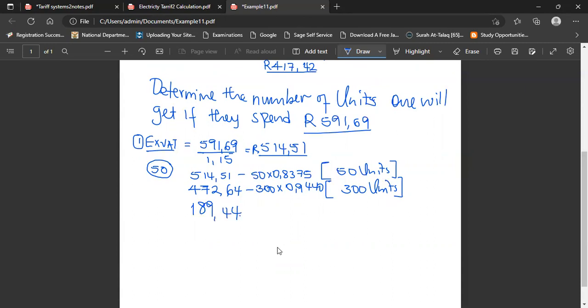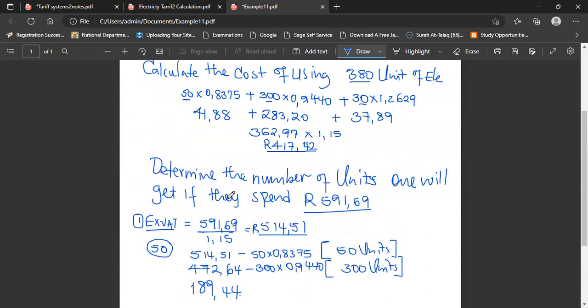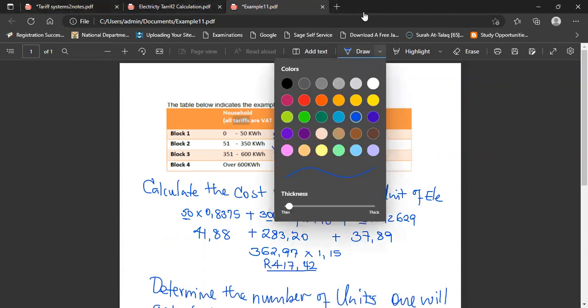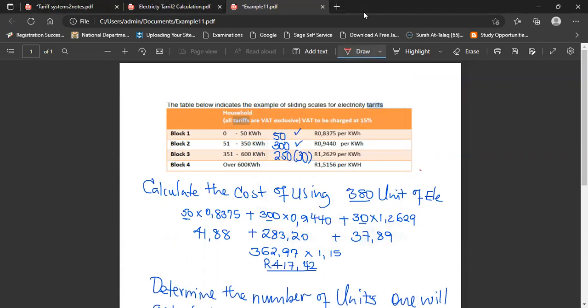Now I've gone to bracket block number 3. Block number 3, if I'm to use all the units, how much do I pay? Let me see. 250 are the number of units. I need to know how much they will cost.